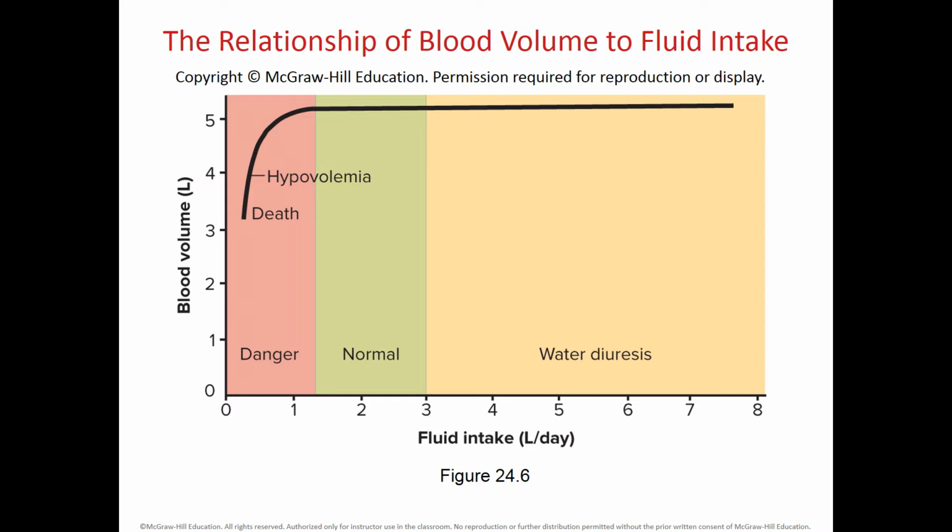So when these persons have hypovolemia for whatever cause, possibly the person has a hemorrhage because they went into an accident, and if the person's blood volume drops from 5 liters to 4, the person will start having mechanisms that will try to compensate for this hypovolemia.